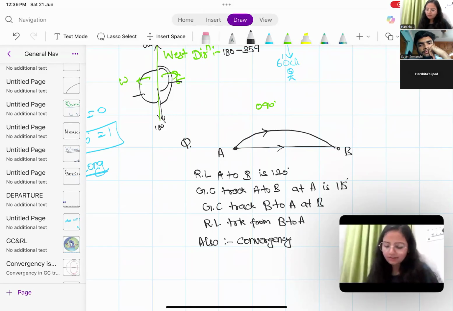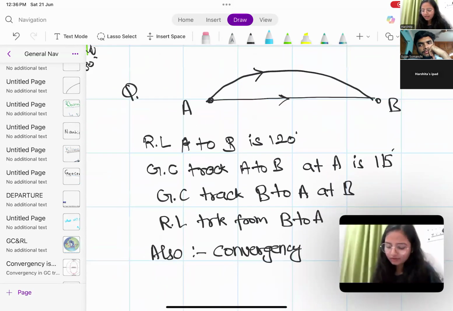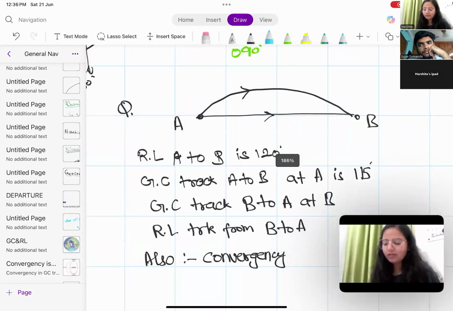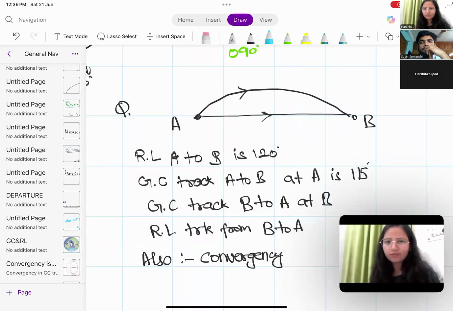Let's see what information I have given you. Rhumb line track A to B is 120 degree, right?